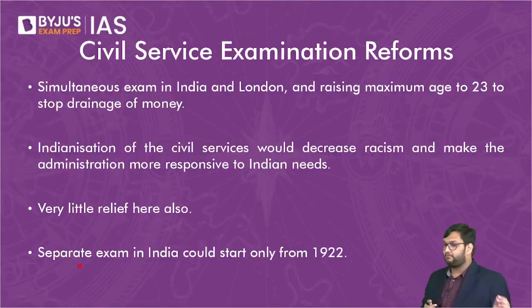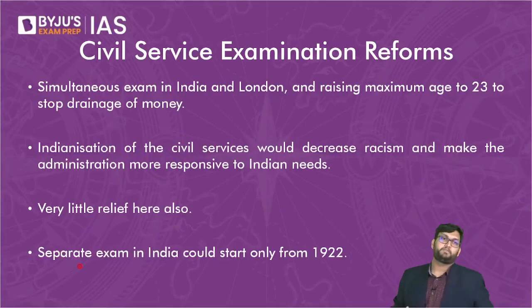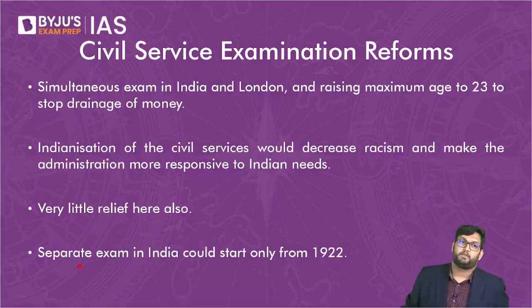Thereafter, their main demand was actually this, which is civil services examination reform. Simultaneous examination in both India and London. Raising the maximum age to 23 and dropping this concept of London-based examination because it will stop the drain of money. The first examination which is going to happen in simultaneous exam is only 1924.